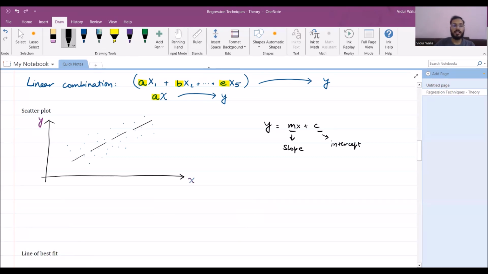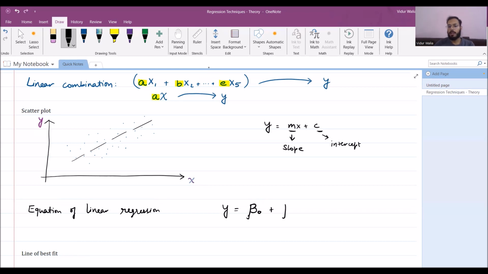Right? The equation of linear regression is y is equal to, this is the Greek letter beta with subscript 0, also known as beta naught.